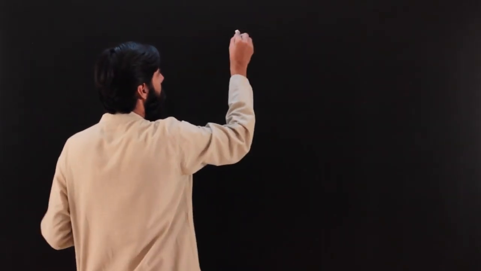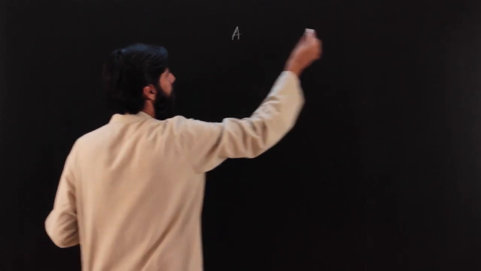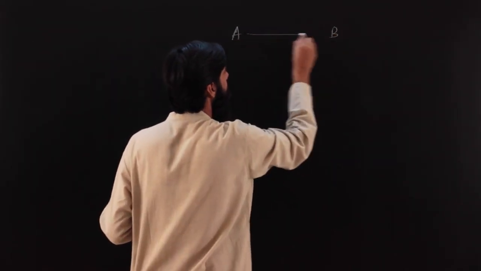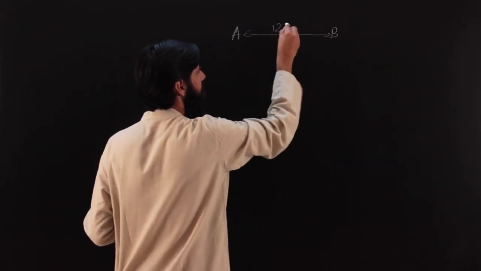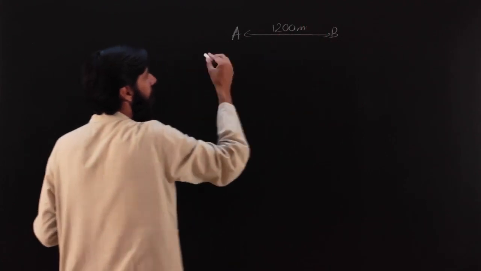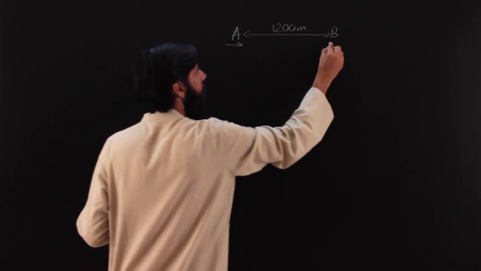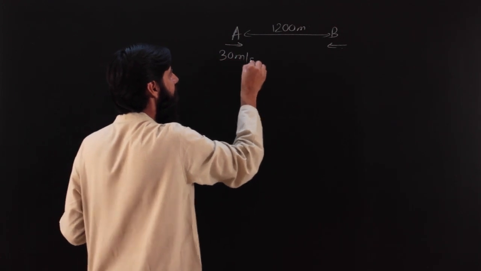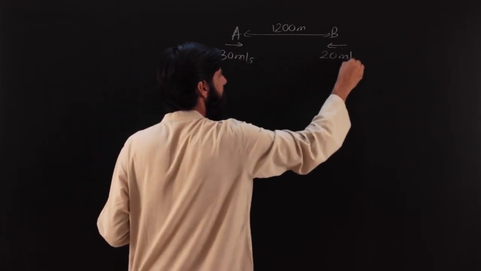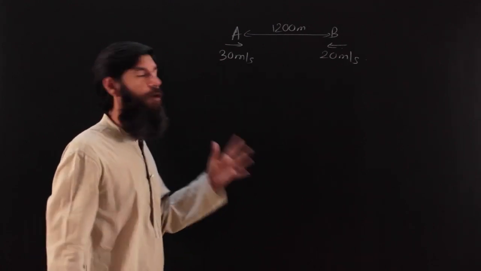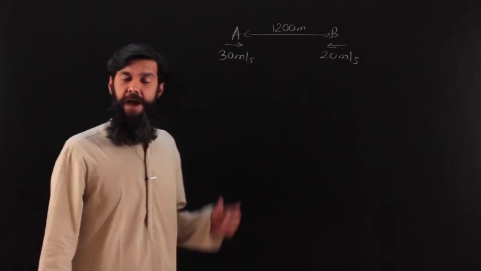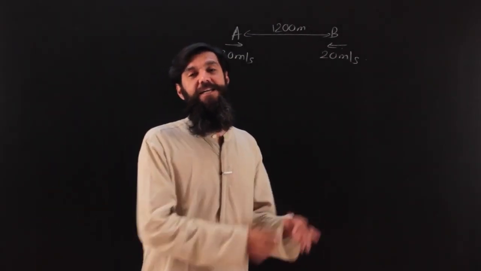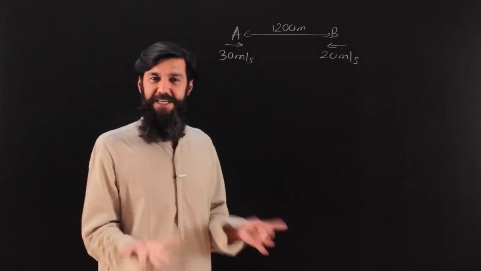So let's get going. If I give you this question that two friends A and B are separated by a distance of 1200 meters. They start moving towards each other at a speed of 30 meters per second and 20 meters per second. After how much time will they meet? This question this late in the session should be an absolute sitter.